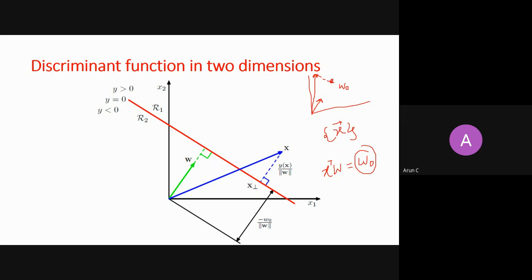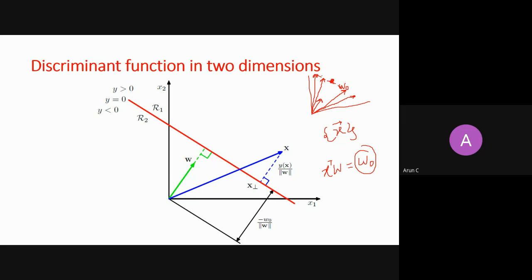You take another vector, and the shadow will again fall on W0. You take another vector x, and the shadow of the orthogonal projection will again fall till W0. Likewise, take the set of all vectors x whose projection on W is equal to W0.